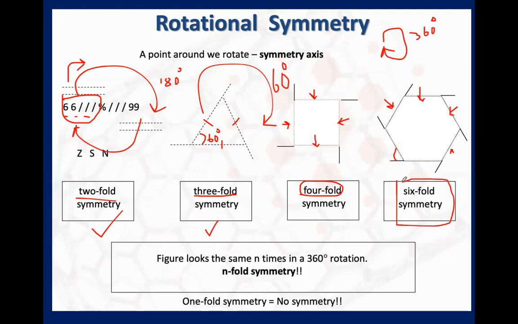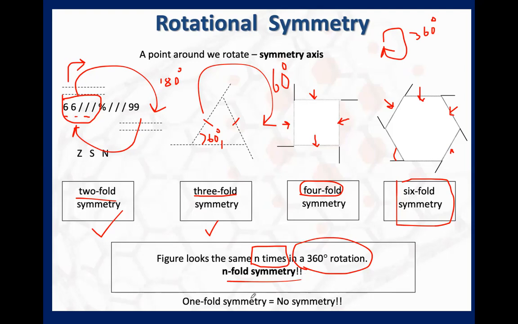In any case, if you can see the same configuration n times while rotating an object over 360 degrees, we call it n-fold symmetry. N times appearance of the same shape is called n-fold symmetry.